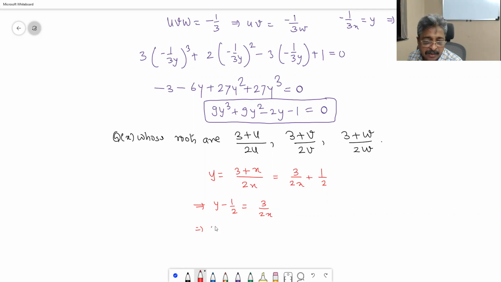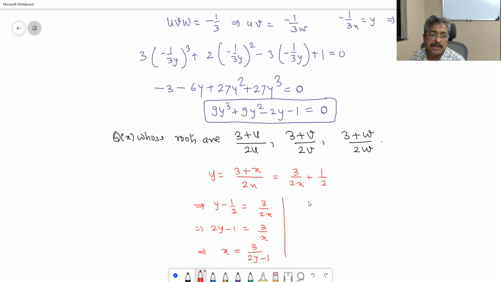So can I say 2y minus 1 is equal to 3 upon x? I think I should be able to say so, and therefore I should be able to say this also, x is equal to 3 upon (2y minus 1). Yes or no?